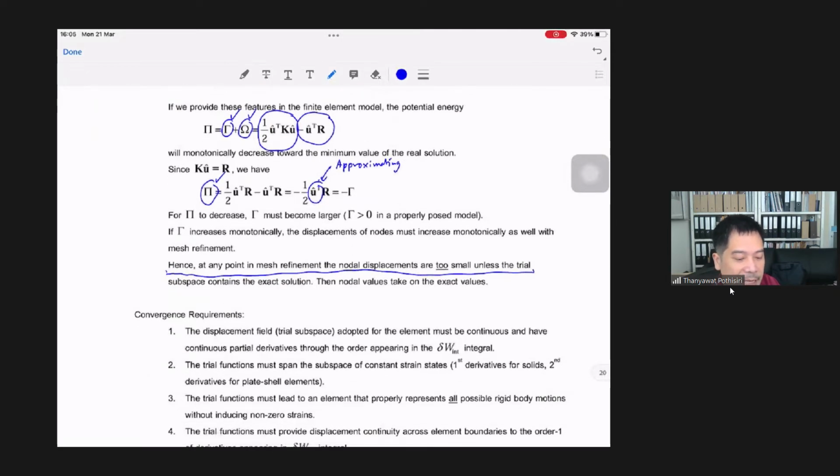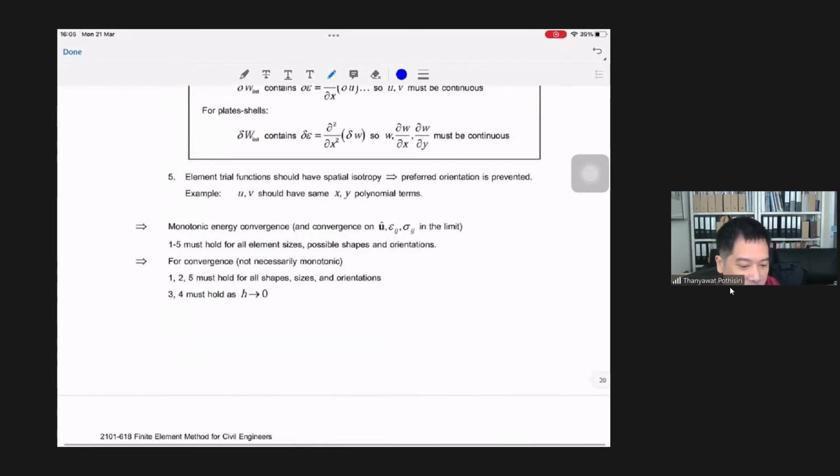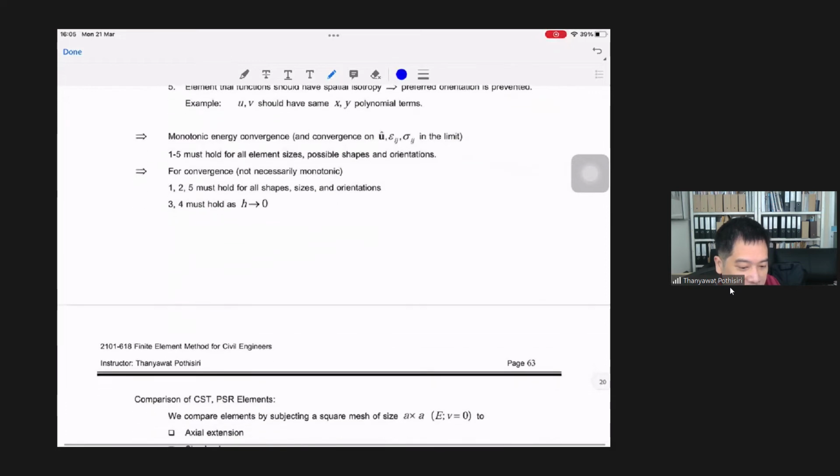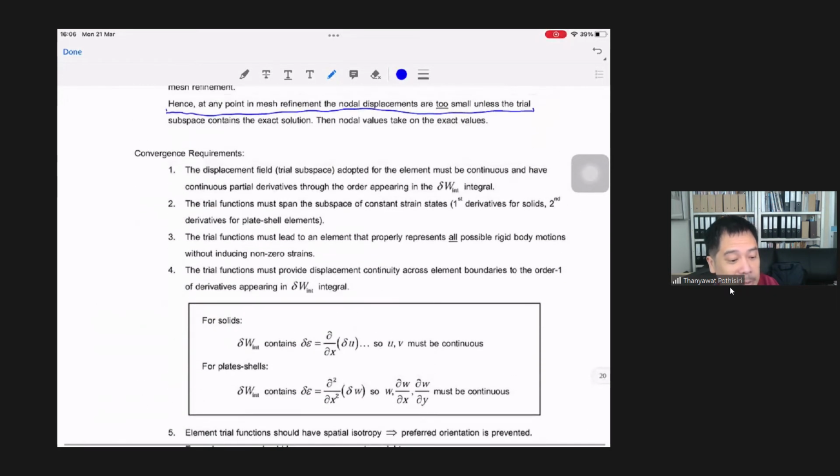So how do we make sure that our solution would always converge, or that we are getting closer to the exact solution?